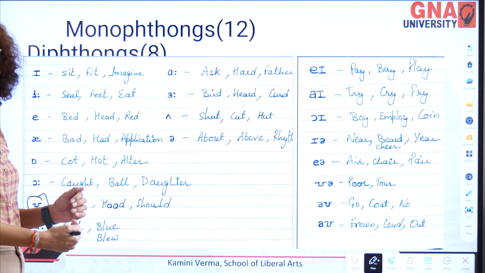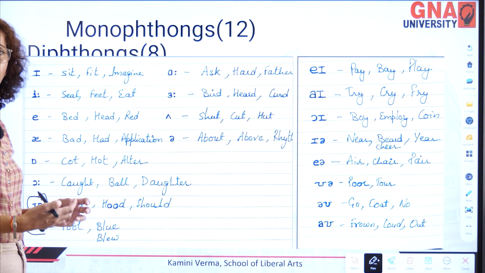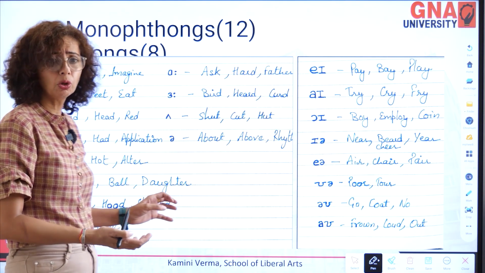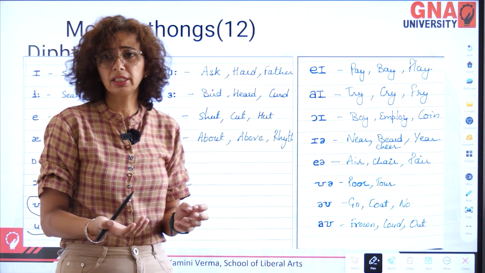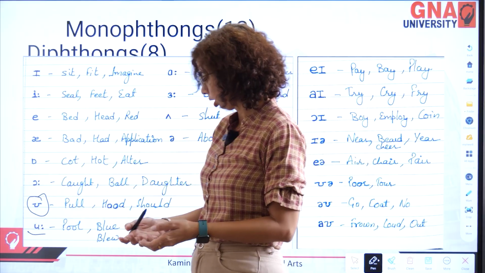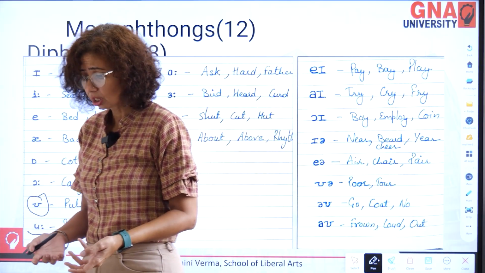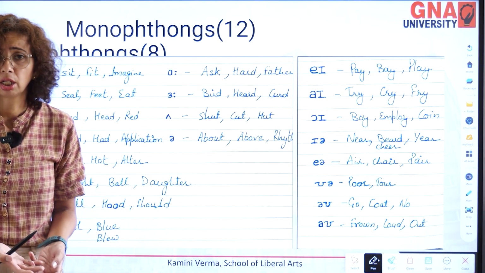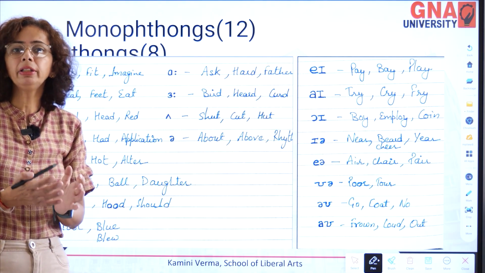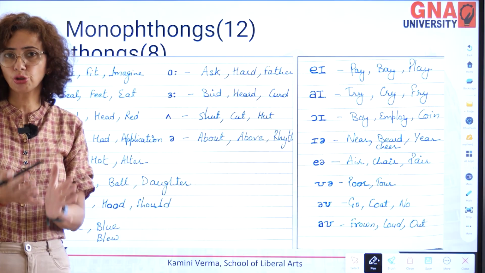Unstressed and stressed O are making the difference in the production of the sounds. For example, I'm saying pull, bull, hood, should. So I'm using the O sound over there but without any sort of stress.